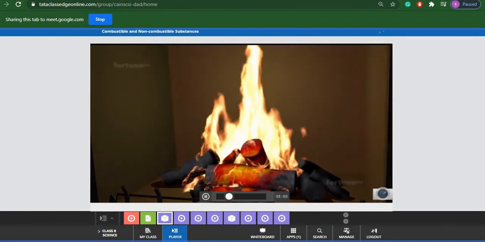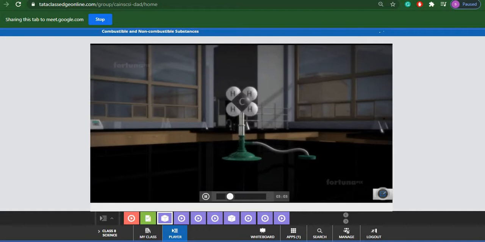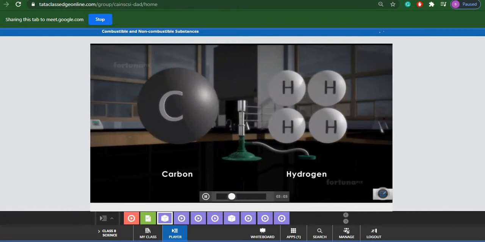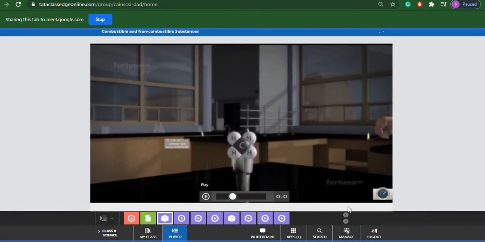To see what occurs in a chemical reaction during combustion, we'll take a look at methane gas, a hydrocarbon composed of carbon and hydrogen atoms. Methane is used as a fuel in gas burning. So methane is basically nothing but a fuel, and here you can see in this picture how many carbons are present in methane.